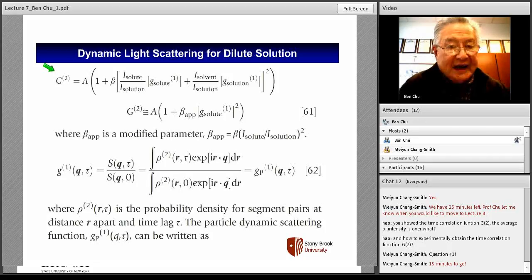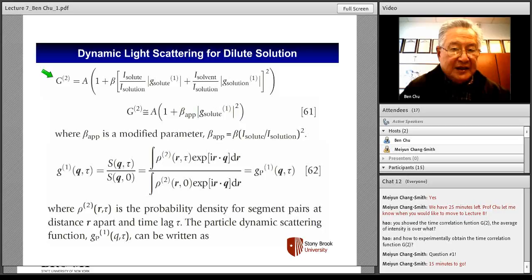But for dynamic light scattering, this is the G2 intensity time correlation function. If we look a little bit closer, the Siegert relationship is 1 plus beta G1 tau square.